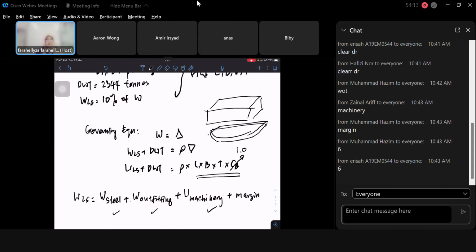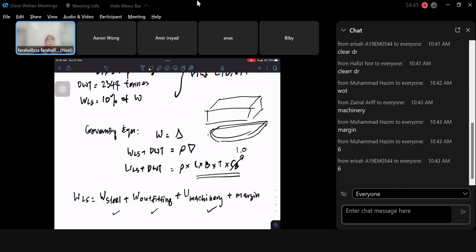So you can get the information of that main engine, and basically we assume your weight of machinery using a basis ship or a reference ship, previous ships available in the world, basically in Google. Same with the weight of outfitting, there are some empirical relations, some formulas, that you can refer to get the weight of outfitting.